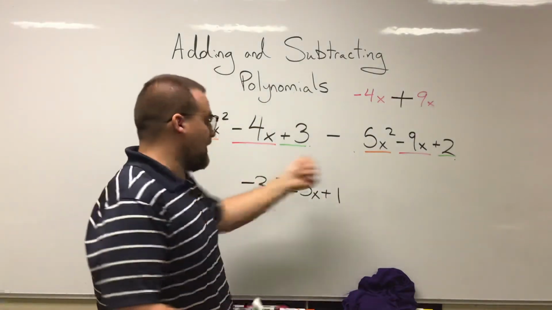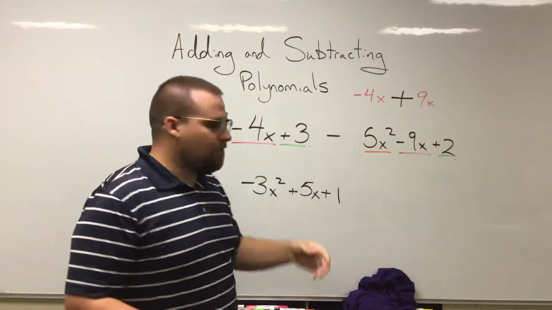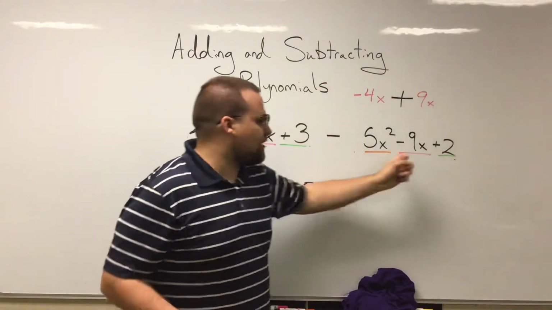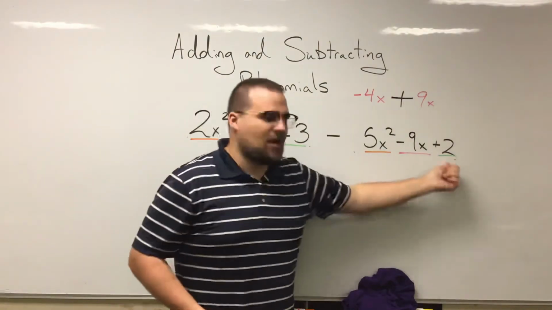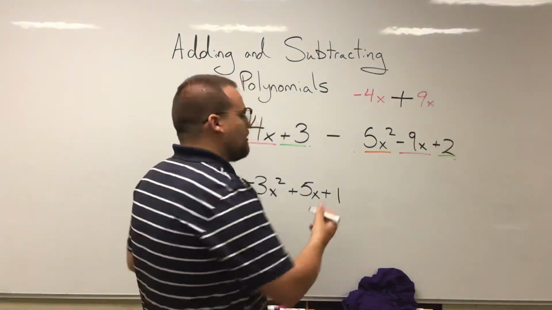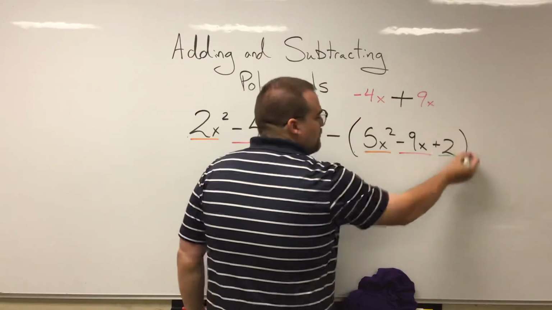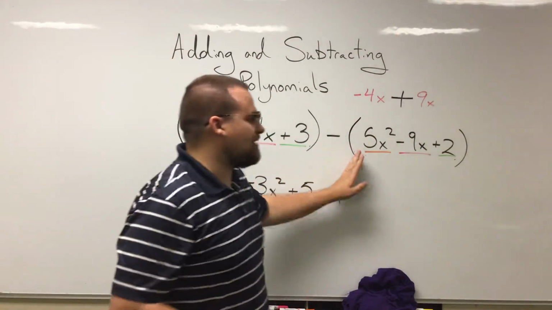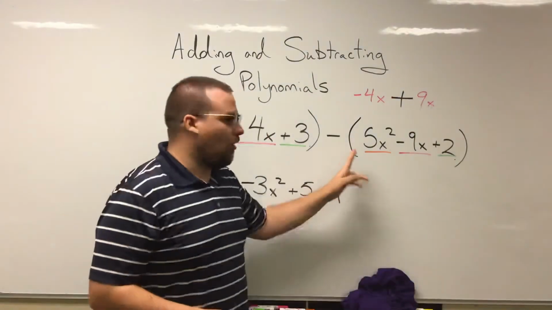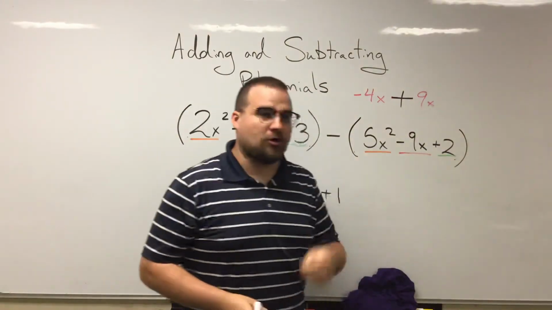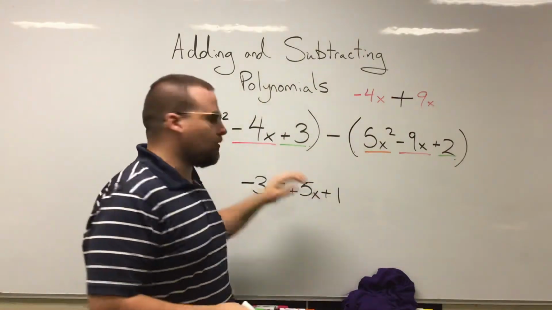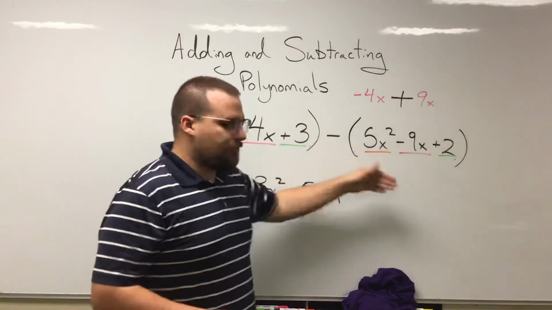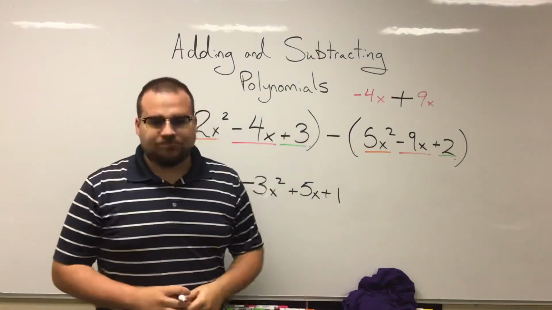You'd apply it there and get that right, but you wouldn't think to apply this negative when you're dealing with the x terms or with the constant terms. So that's why we like to keep it in parentheses, denoting that we are subtracting this entire thing. All three of these terms are going to be subtracted from their like halves in the first part of it.